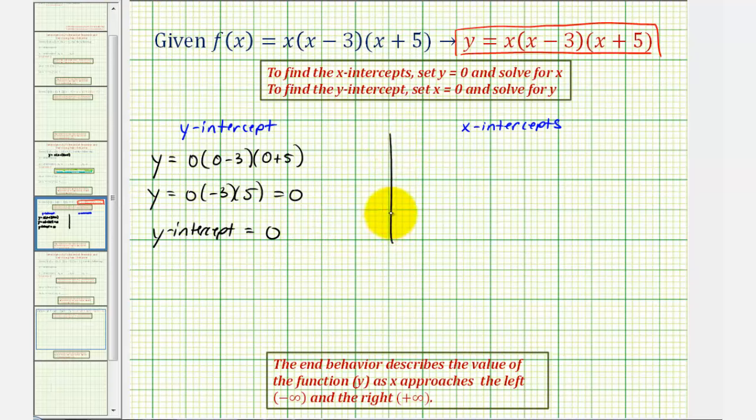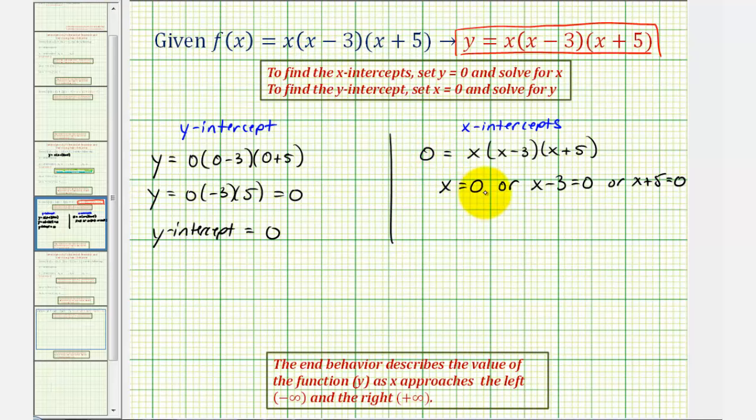And now to find the x-intercepts, we'll set y equal to 0 and solve for x. So this would give us the equation 0 equals x times the quantity x minus 3 times the quantity x plus 5. Now in order for this product to be 0, either x, the first factor, must equal 0, or the second factor of x minus 3 must equal 0, or the third factor of x plus 5 must equal 0.